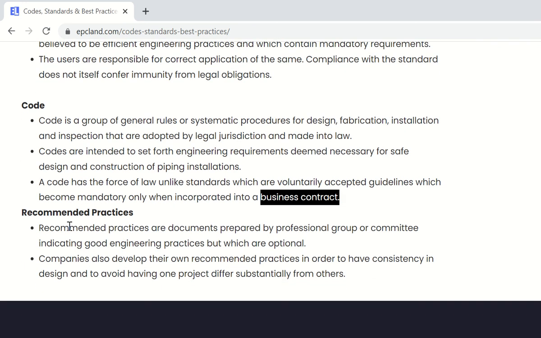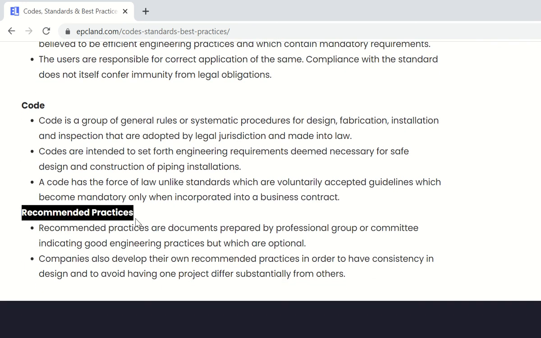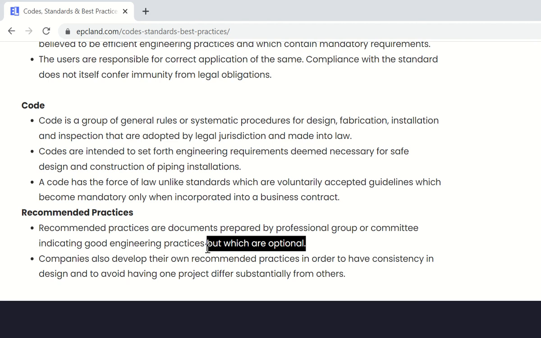At the same time, we have a few recommended practices where the practices have been established by professional groups or committees, but these are only optional. These are good practices. They may or may not add additional safety, which we were talking about with respect to code and standard.